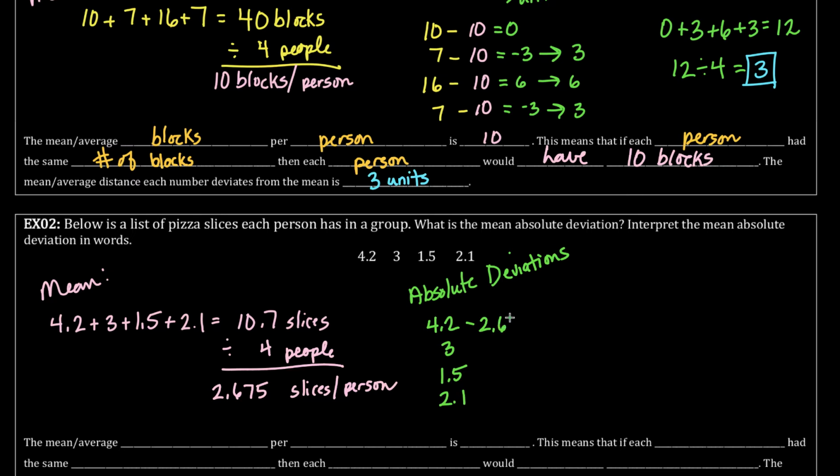Minus 2.675, minus 2.675, minus 2.675, minus 2.675. Okay, so 4.2 minus 2.675 is 1.525.